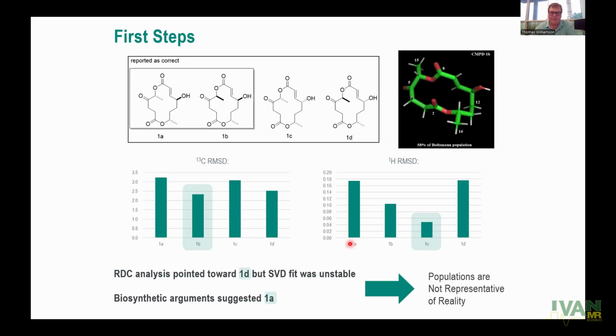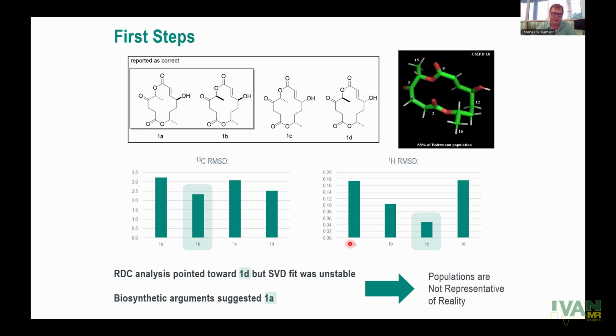We thought at first this was going to be pretty easy, and we didn't anticipate any big problems. But it turns out that when we started doing conformational analysis and subsequent DFT calculations on this molecule, we got conflicting results for our proton and carbon chemical shifts.